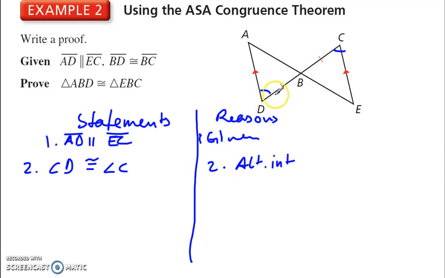Alright. Now we know this angle. We know a side and a side. What about this angle? Well, let's state the side because we just got an angle. We're going to state our side. We know that BD is congruent to BC. That is given.